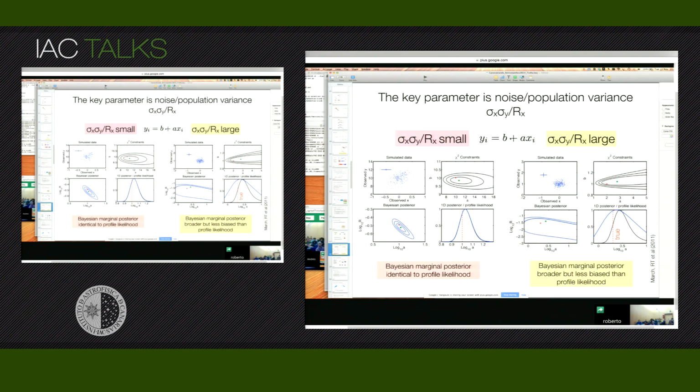And you can fit this linear model both in the chi-square sense and in the Bayesian sense, and you can marginalize or profile down to the slope, to the A. The chi-square fit is done using a chi-square likelihood of the type I showed you before. This is the wrong likelihood, as I told you before, for all the reasons I explained. The Bayesian fit is done using the full hierarchical model and a complete data likelihood that looks nothing like the chi-square likelihood.